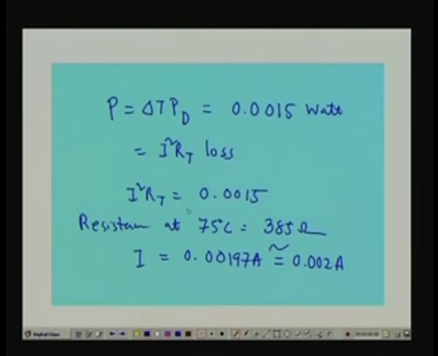Now, from the Wheatstone bridge circuit I can write I equal to 10 volt upon RT plus R1, quite obviously. So, this will give you that RT plus R1 equal to 5000. RT we already know is 385 ohm.